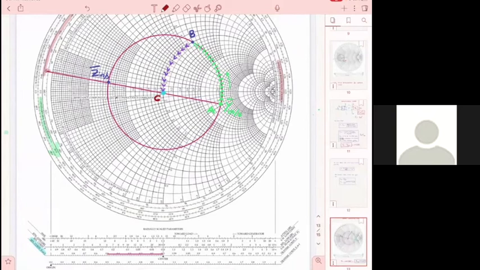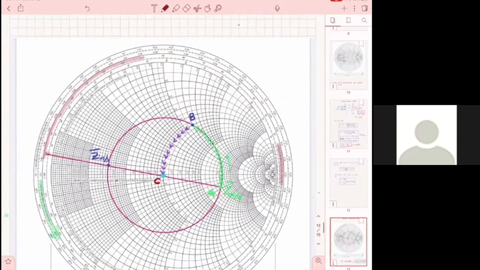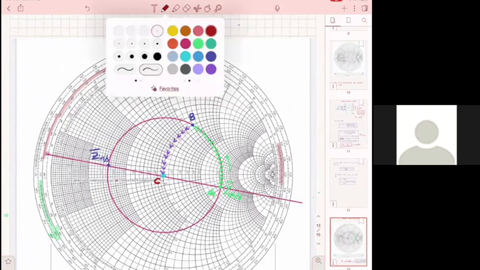The purple arrows will give me the length of the stub. All right. How do I find the distance on the transmission line? I extend this line further, and then I draw a similar line.